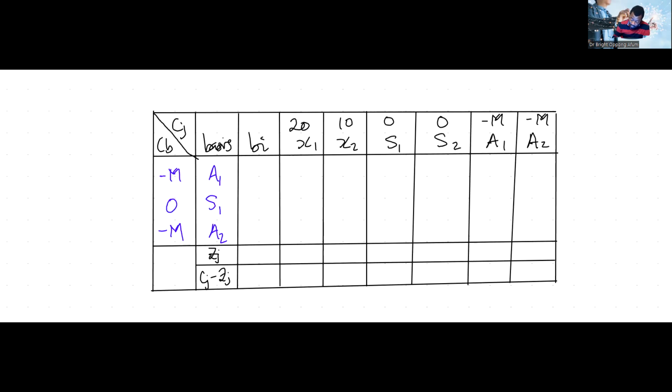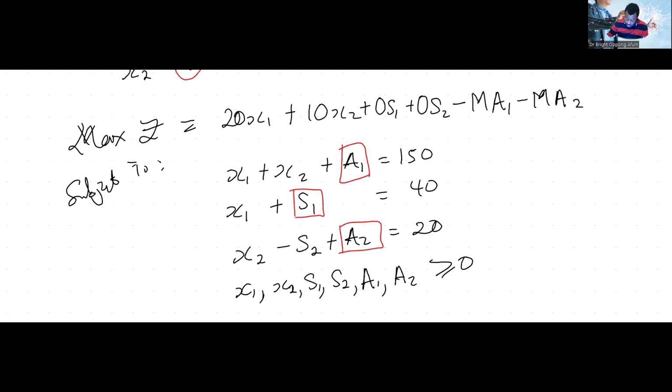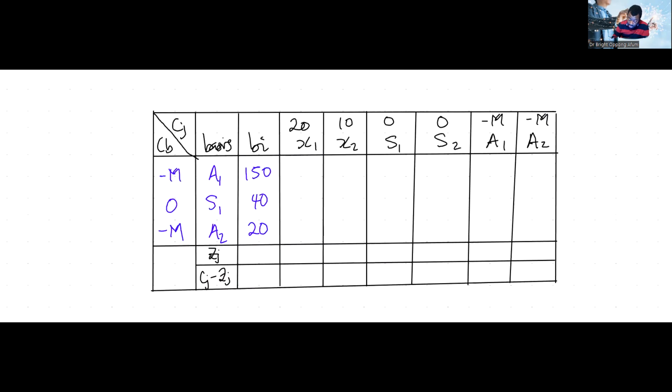And what are the parameters of the constraints here? For the first, 1, 1, 0, 0, 1, 0.